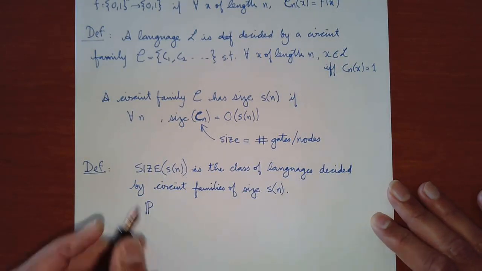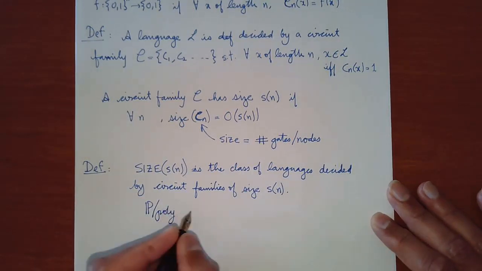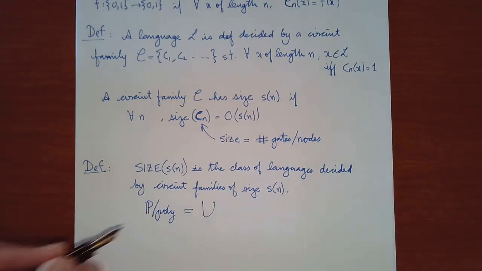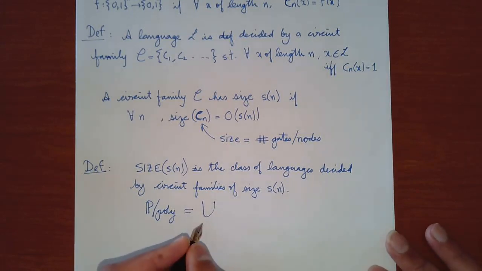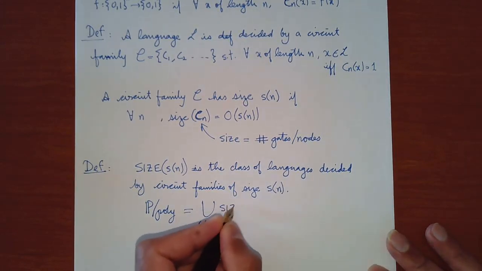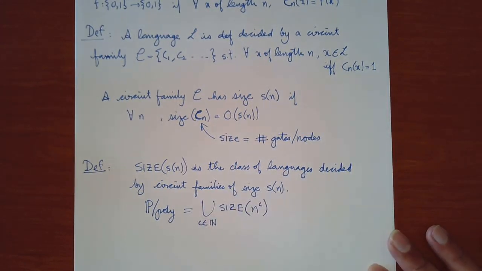And now our notion of P, it's called P/poly. I'll explain in the next few lectures why this notation is used. So P/poly is your natural guess as to what it is. It's all functions that are computed by polynomial sized circuits.